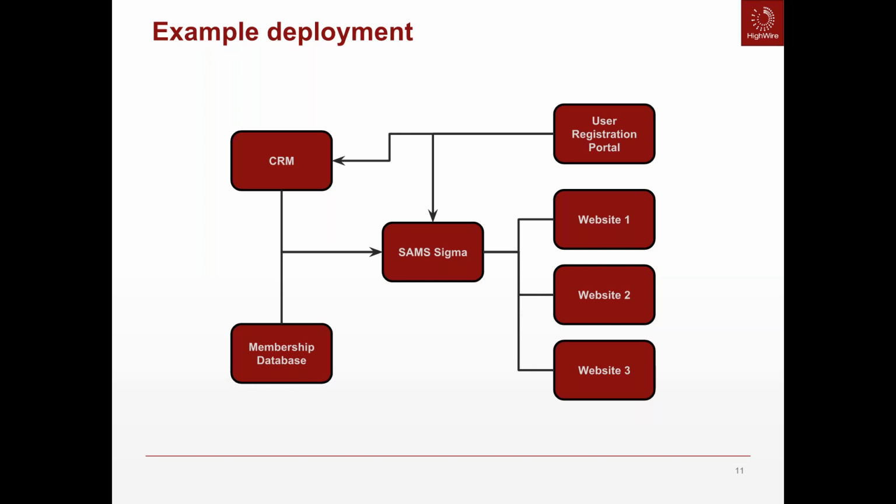So their as-is system today is that they have multiple websites. Some of those are being authenticated by an in-house built system that they have developed over the years. Some of them use a third party, an independent vendor's system. They have no view over their user across all of those sites.